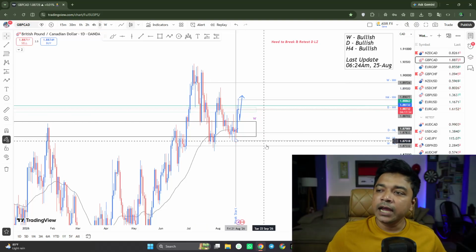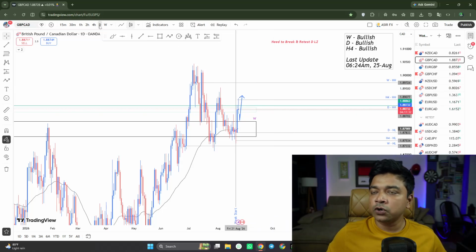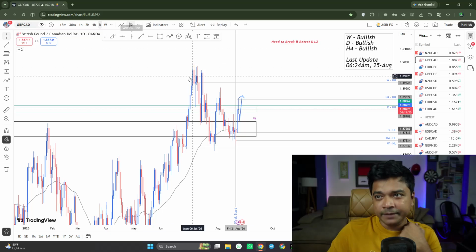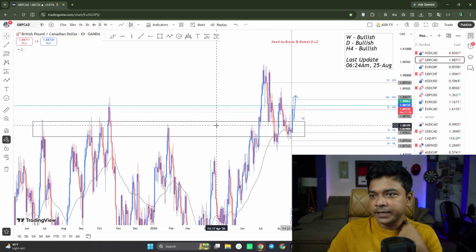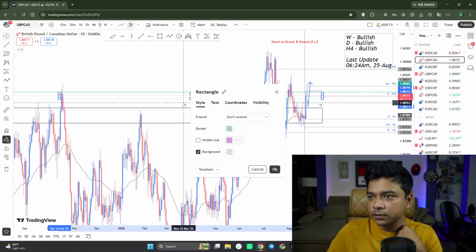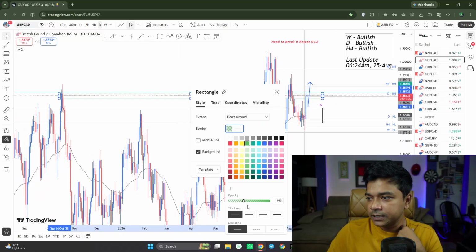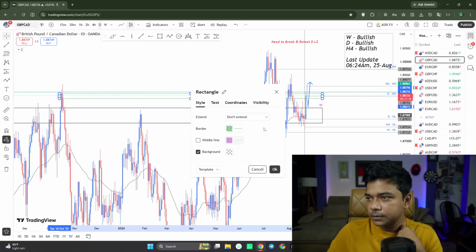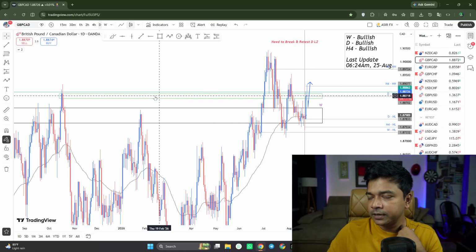Okay, and also now I draw a liquidity zone for the day. Let me show you. So there is my day liquidity zone. Let me increase it, okay, there, and now you can see.